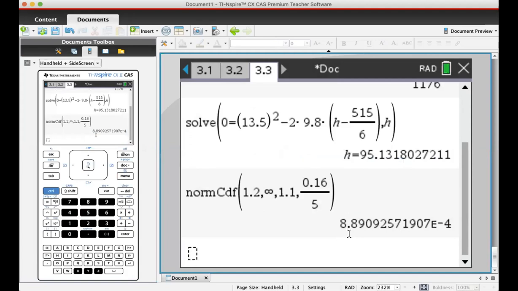I really hate that one. So the answer should be like 0.000889, okay? Something like that. Moving the digits to the left, how many times? 4 times, okay? Right. So I need to switch back to my iPad and finish my writing.